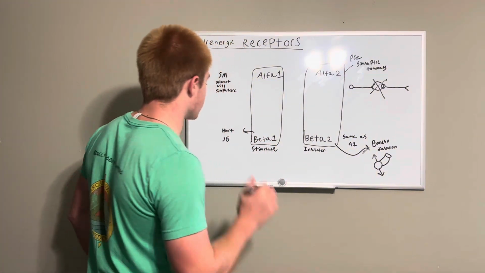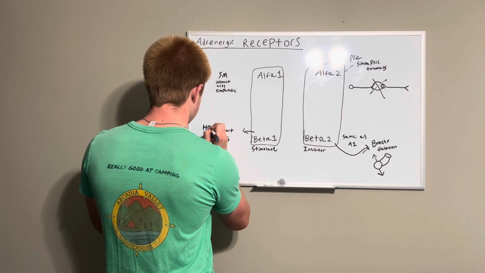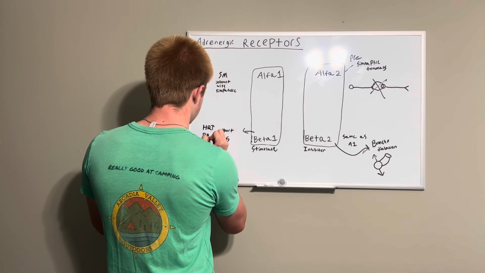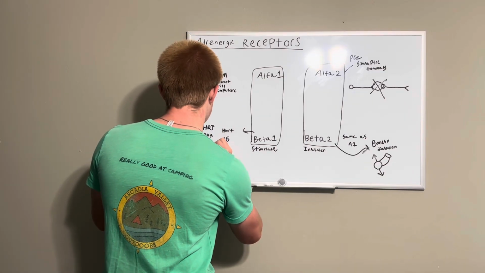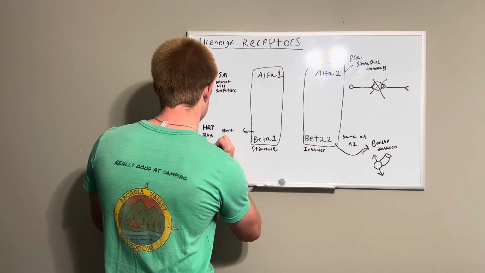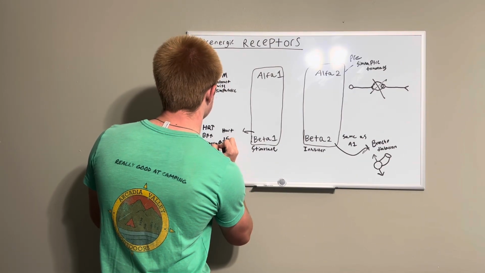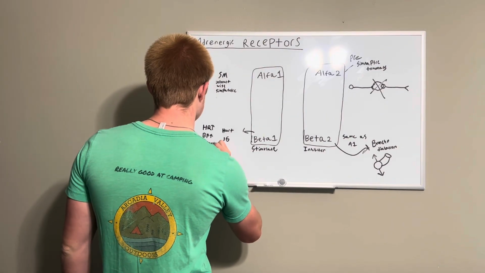So with beta 1, heart rate will increase. Blood pressure will increase. Contractility will also increase. And blood volume will also increase.